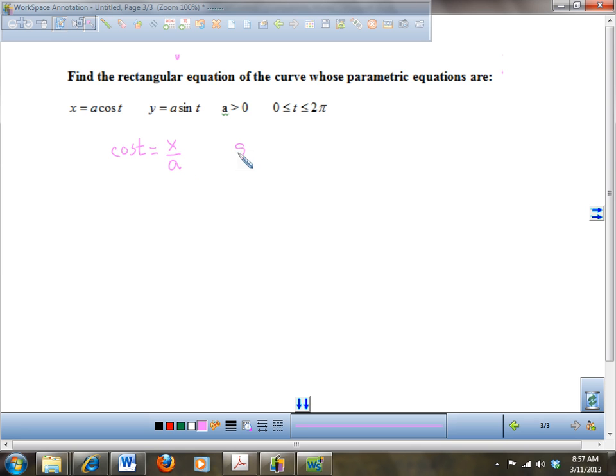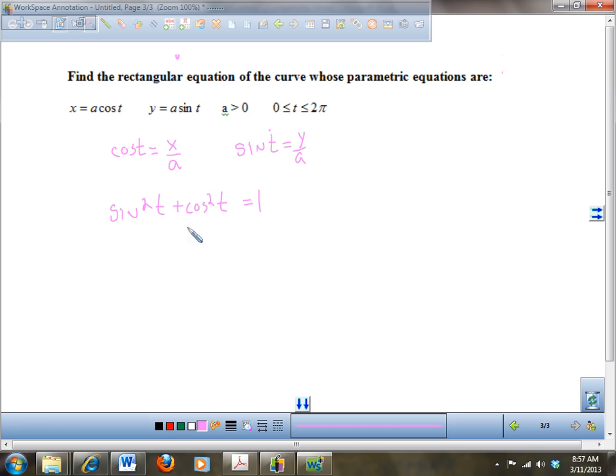And sine of t equals what? What's sine of t equal if I just solve for sine of t? y over a. And then we also know that sine squared, remember this? Sine squared of t plus cosine squared of t is equal to what? 1. Equals 1. This is from first semester.